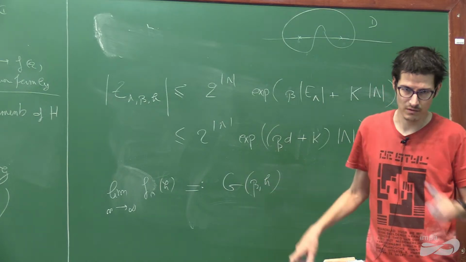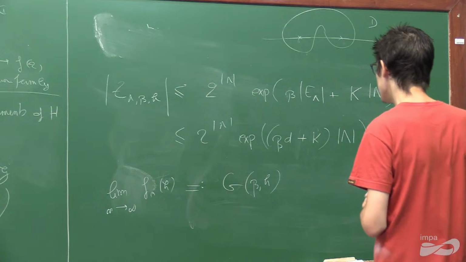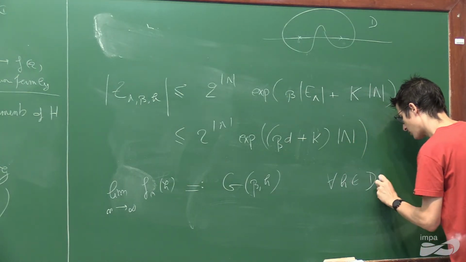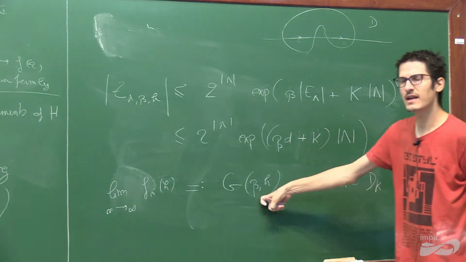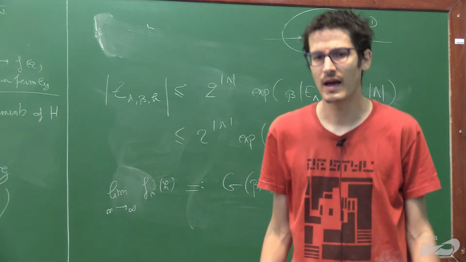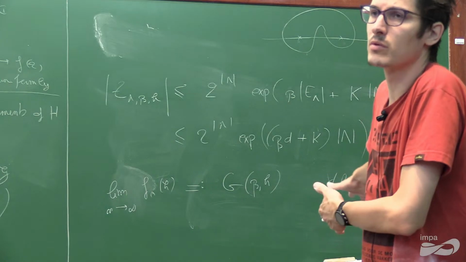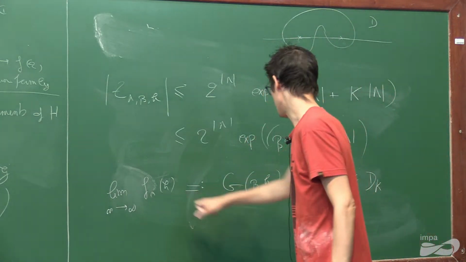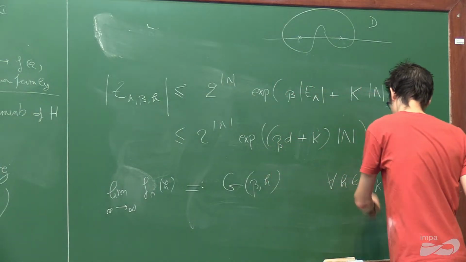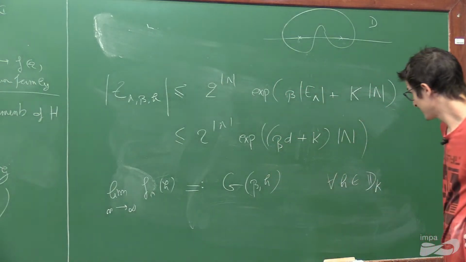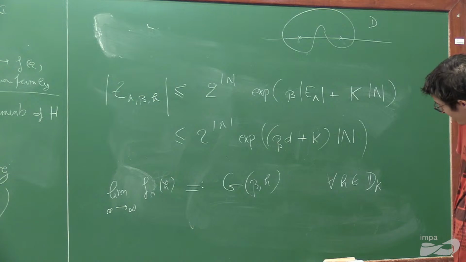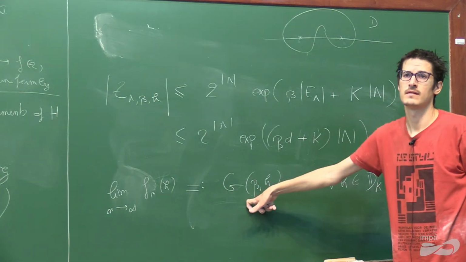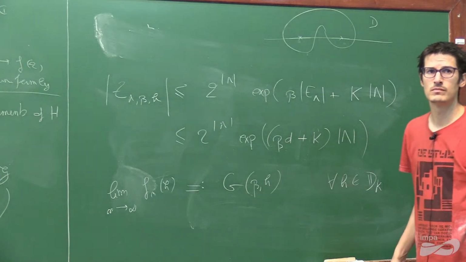The convergence holds for all H in decay. Since this holds for every K, you have this convergence on all of D. The next step is basically to show that we can take the log of this, and we will be done.